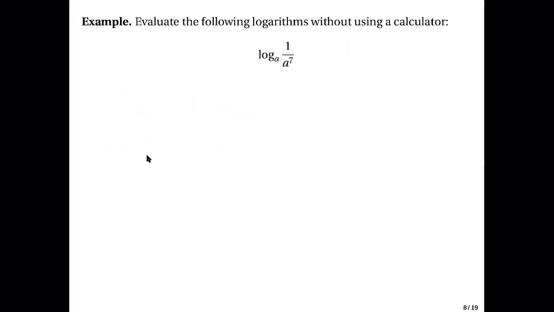Let's look at another example. You have log base a of 1 over a to the 7. Let's answer this in two ways. The first way, we rewrite 1 over a to the 7 as a raised to negative 7.